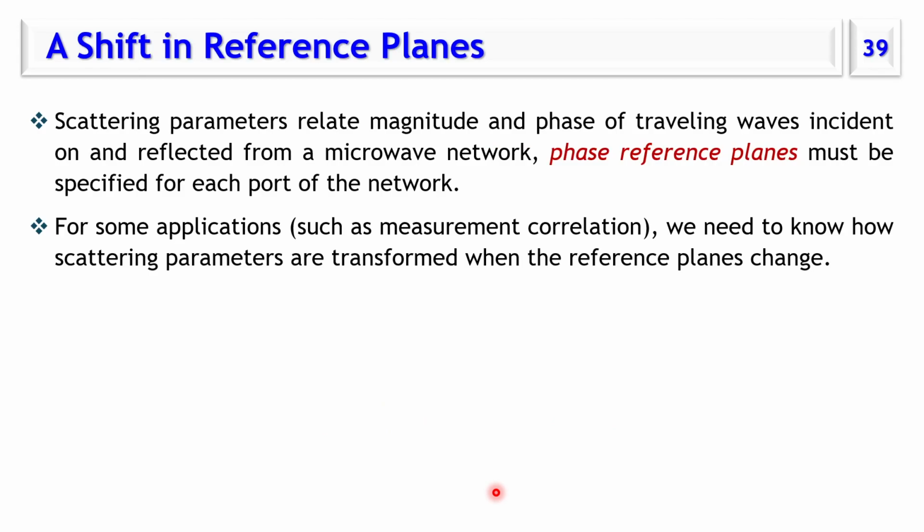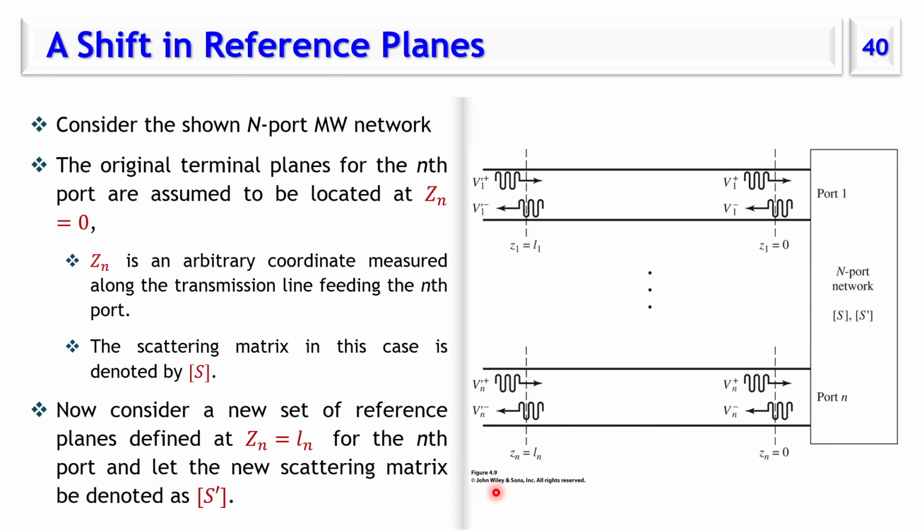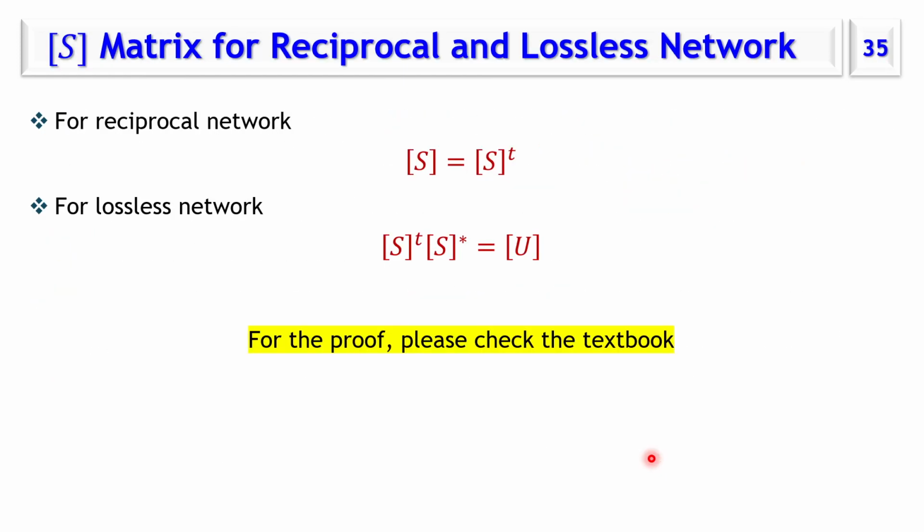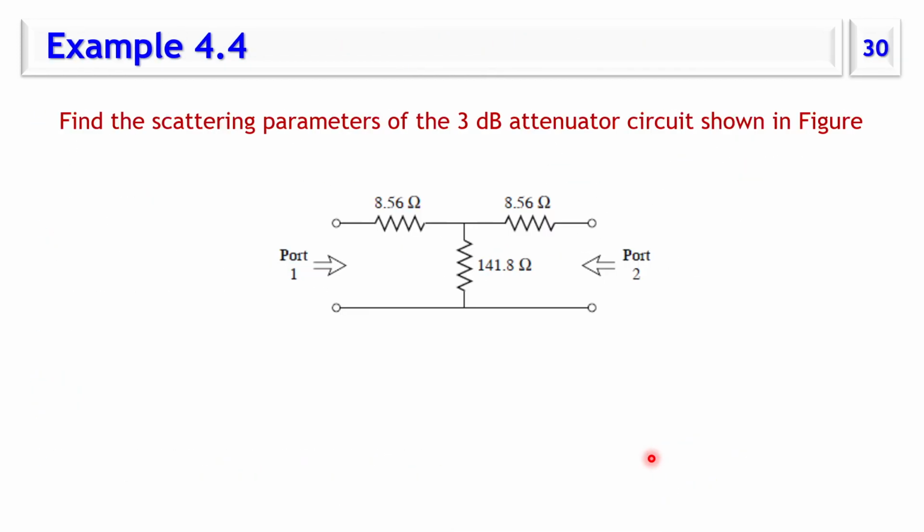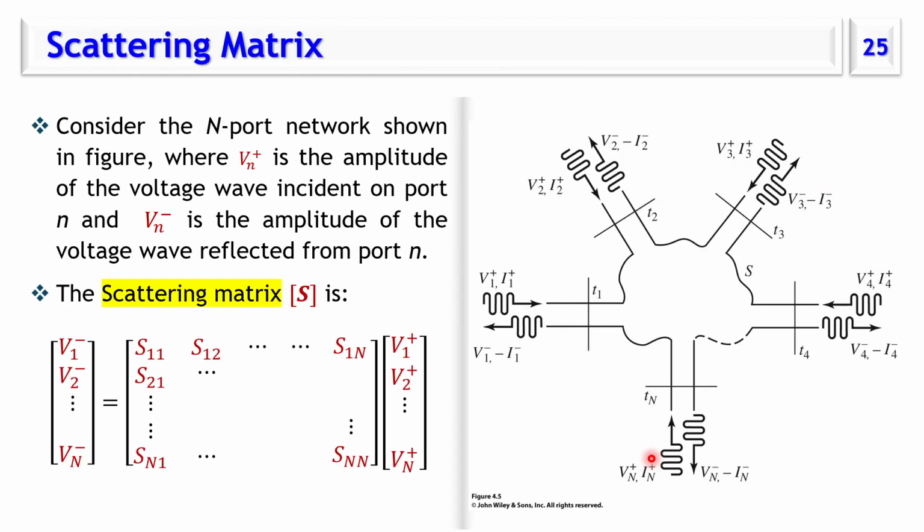Many times, especially when we do measurements, we might need a shift in the reference plane. As we discussed earlier, for each port we have a reference plane where the phase is defined to be 0.